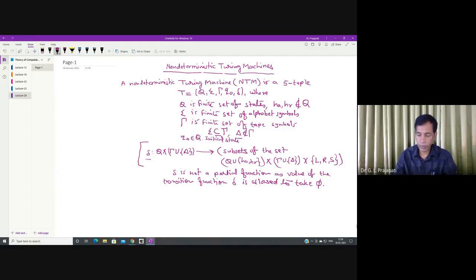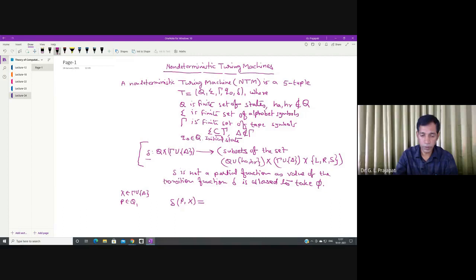So your Turing machine may be in some state, say P, and your tape head is carrying the symbol X, where X can be any tape symbol or blank, and P is an element of Q. Now, in this case, the value of the transition function can be more than one.